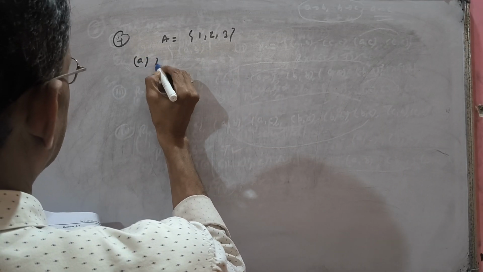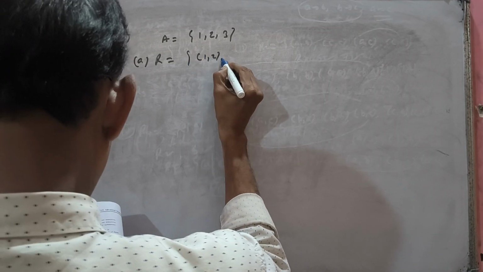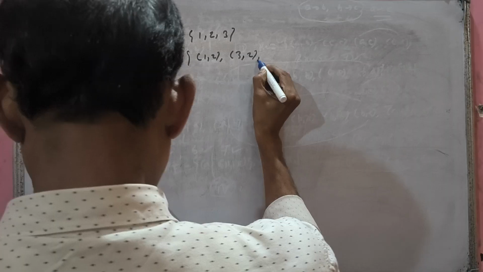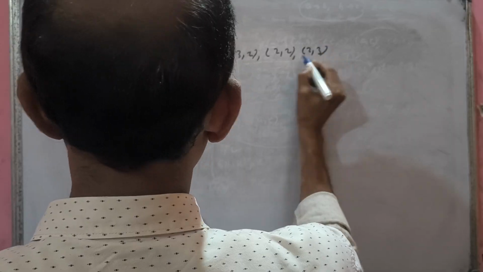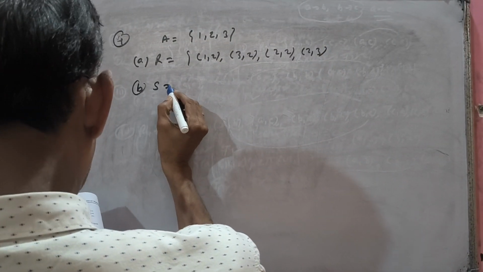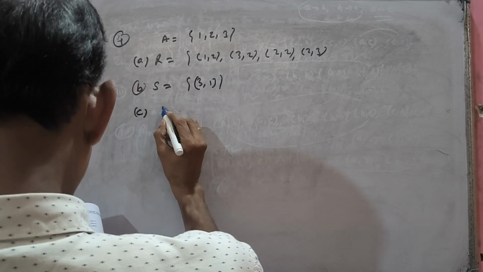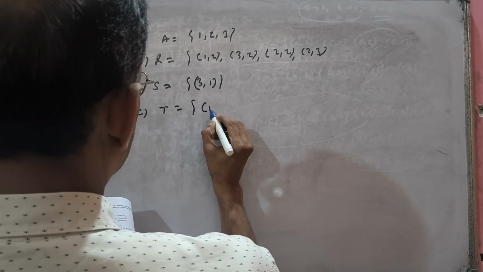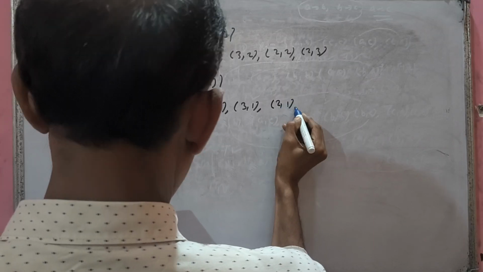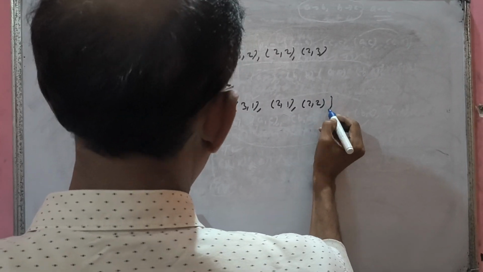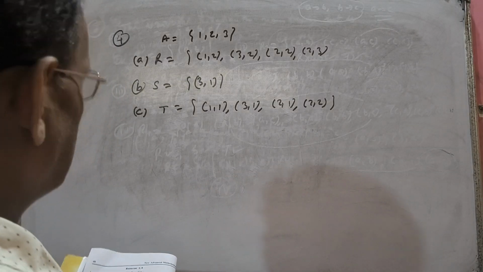Relation R is: 1, 2, 3, 2, 2, 2, 2, 3. Relation S is: 3, 1 only. Relation T is: 1, 1, 3, 1, 2, 1, 2, 2. The question asking, state which of them are reflexive.